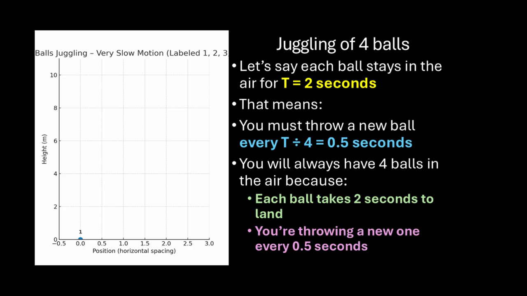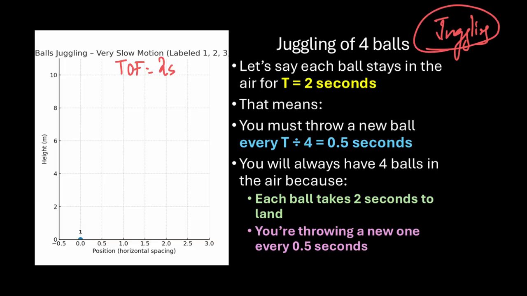For example, say each ball stays in the air for t equal to 2 seconds, which means each ball has a time of flight of 2 seconds. You must throw a new ball every t by 4, which is 0.5 seconds, to produce the effect of juggling.